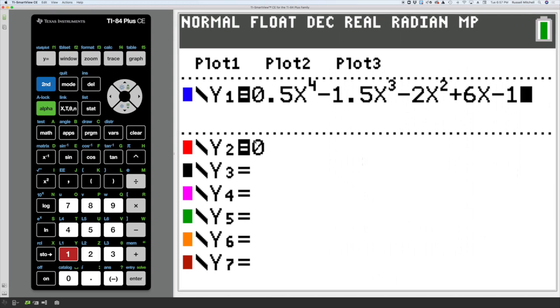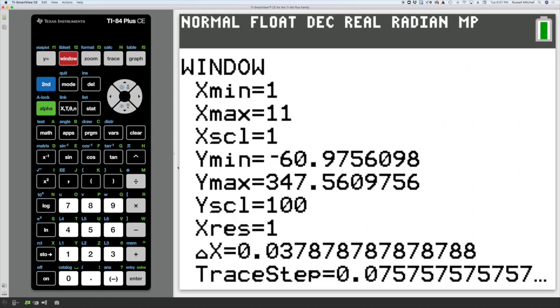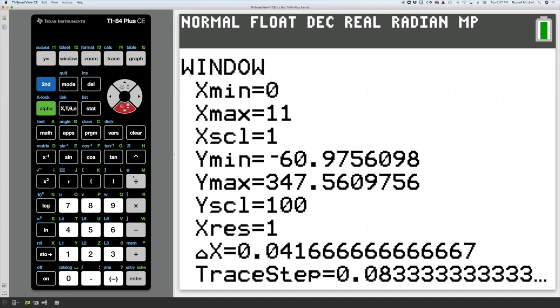And we want to leave this equal to 0 because we want to know when this is going to be 0, right? Okay, so let's go to window. Let's start x min at 0 because this can happen from 0, and you don't know when this is going to happen, so let's just go to 10.